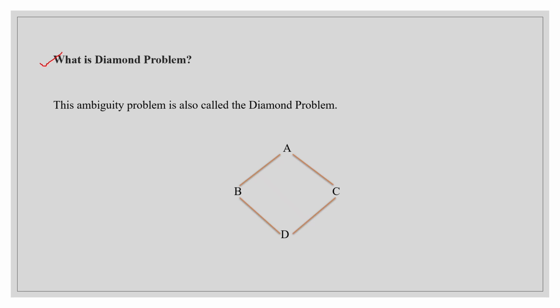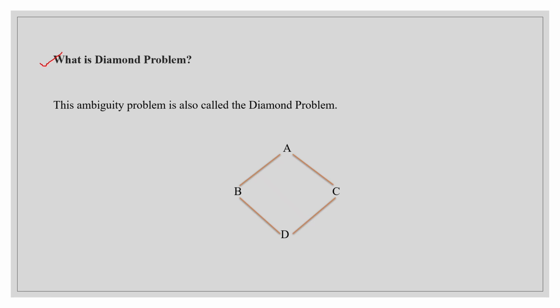Here, class B and class C inherit from class A. And class D is inheriting from both the parent classes B and C. Now I think you can understand. At this point, Java becomes confused, right?